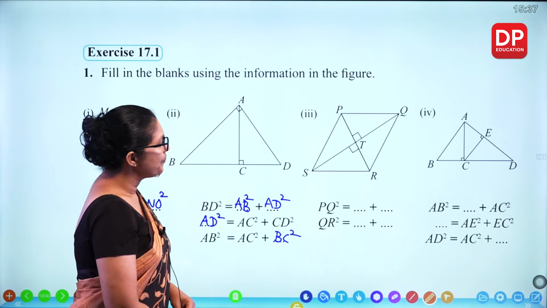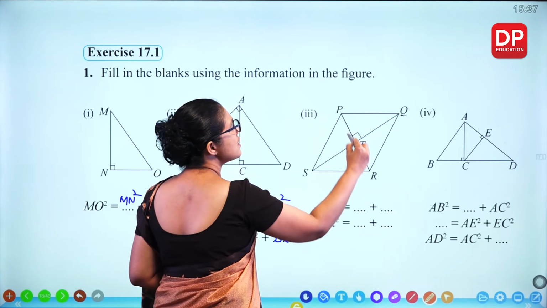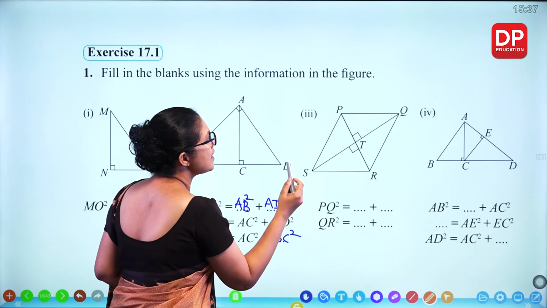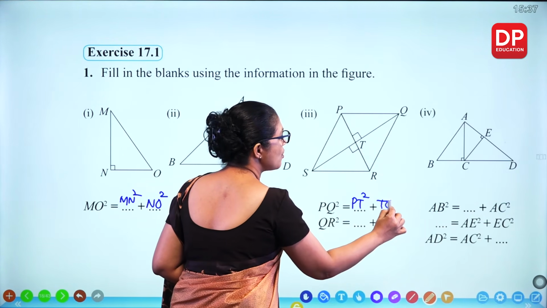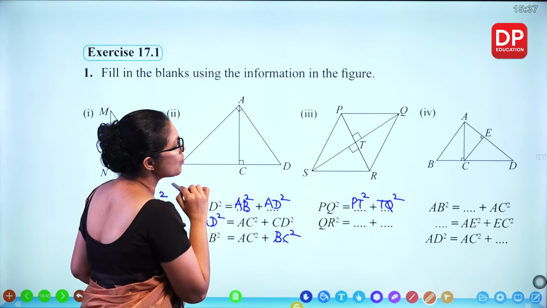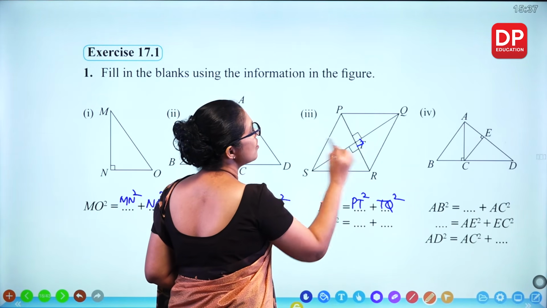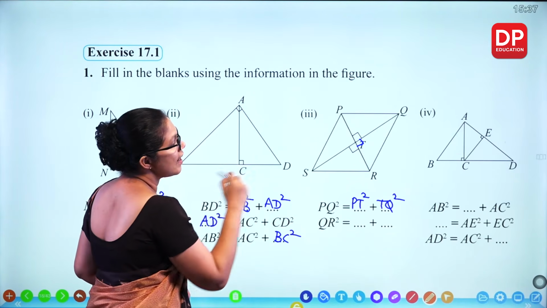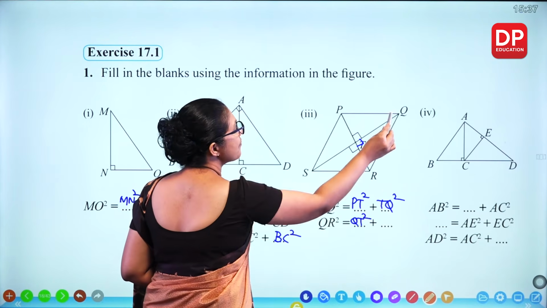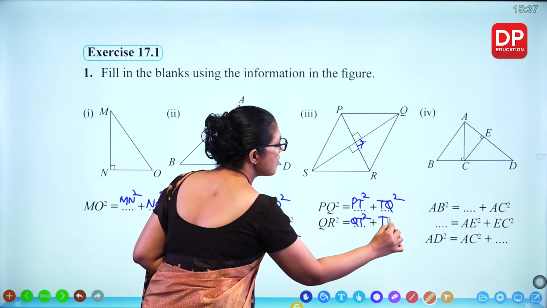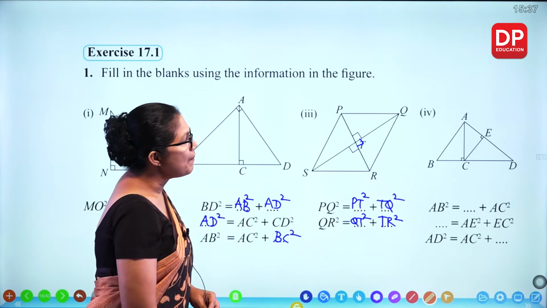Look at this one. PQ squared. Where's PQ? We can use this triangle. So PQ squared is PT squared plus TQ squared. QR squared, this one. So this is also 90 degrees. So how can we write QR squared? I can write QT squared plus TR squared. This one, AB squared.